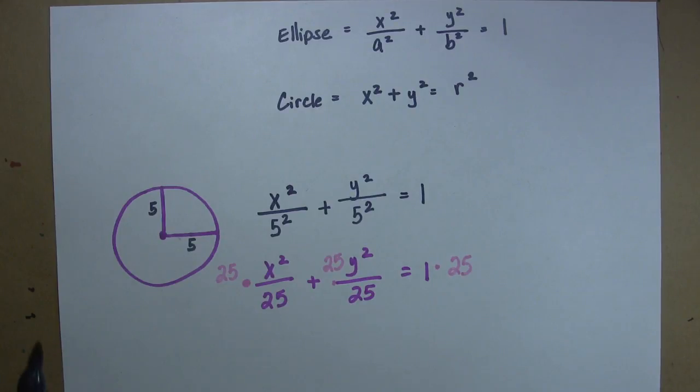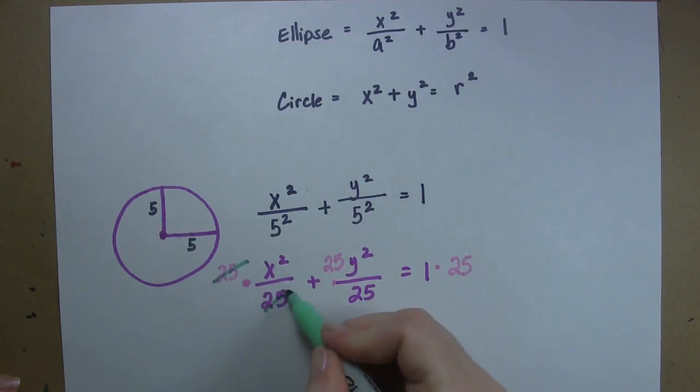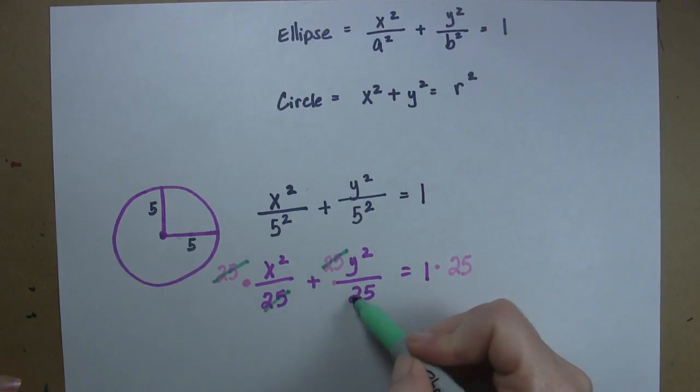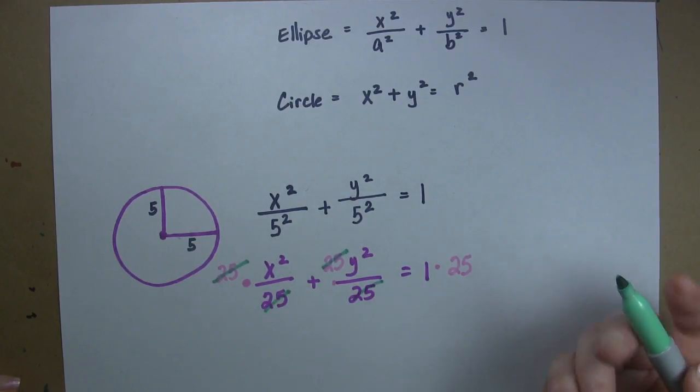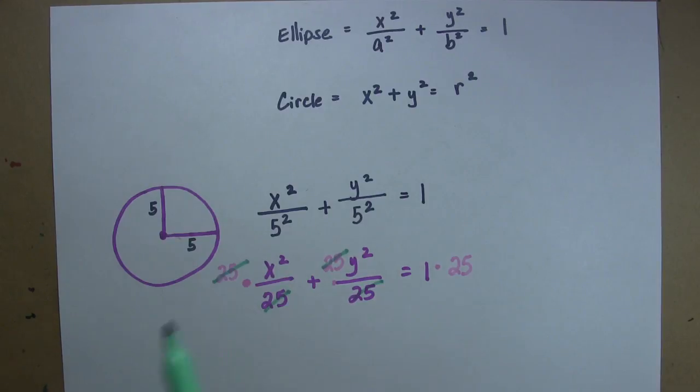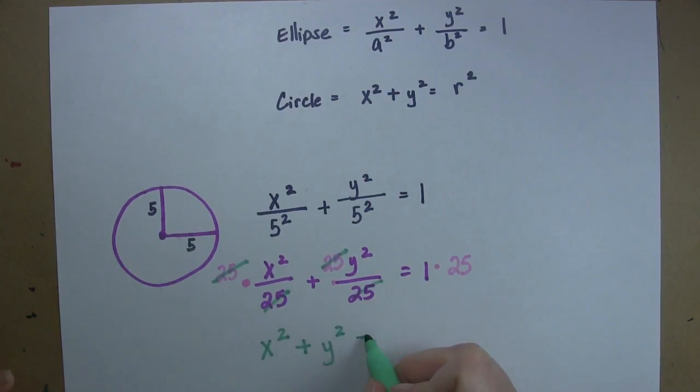So the effect of that is that those 25s cancel out, these 25s cancel out. So we wind up with x squared, and that's all that's left, plus y squared, that's all that's left, equals 1 times 25, or 25, which is, by the way, r squared, because it's 5 squared.